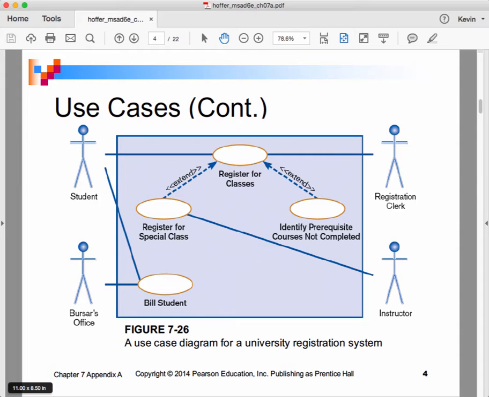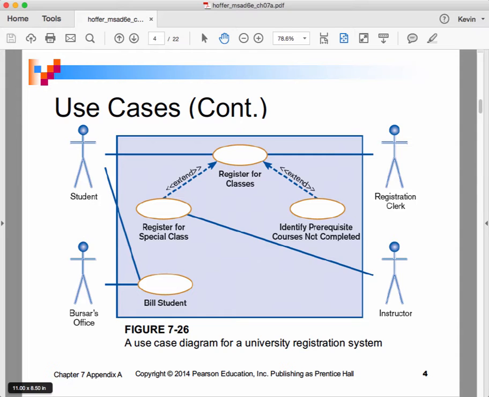So if you go to the specification for the register for classes use case, you're going to see some actions from the student and some actions from the registration clerk. Now, it's really easy for people who got introduced to data flow diagrams recently to think, well, there's data flowing between the student and the register for classes use case. And incidentally, that's probably true. I mean, how do we interact with systems?